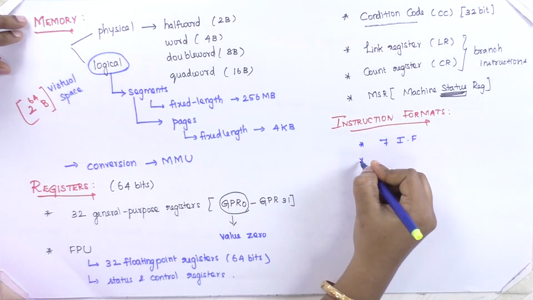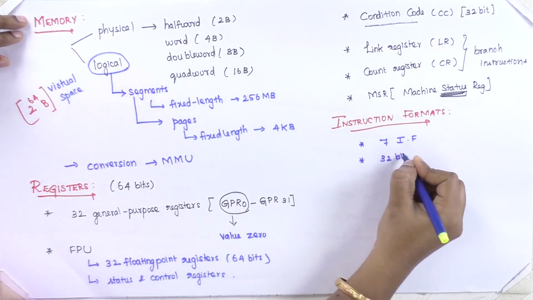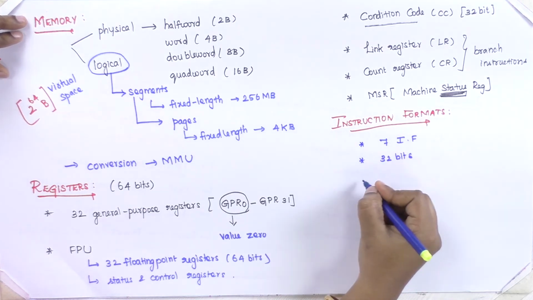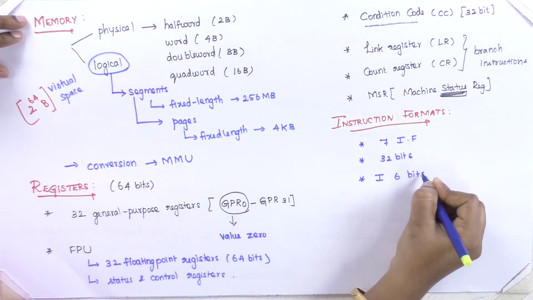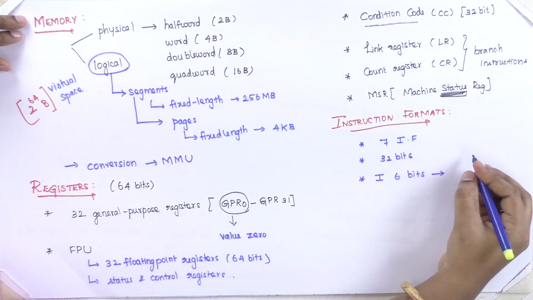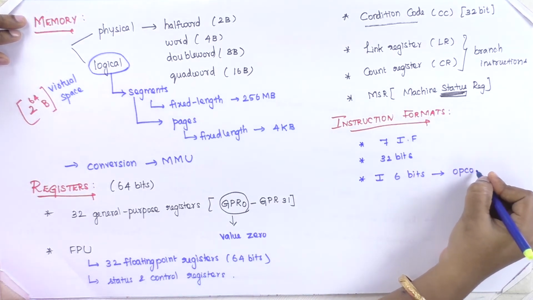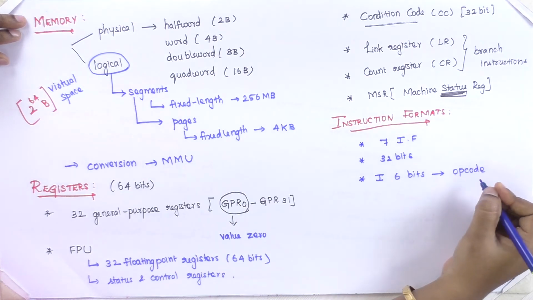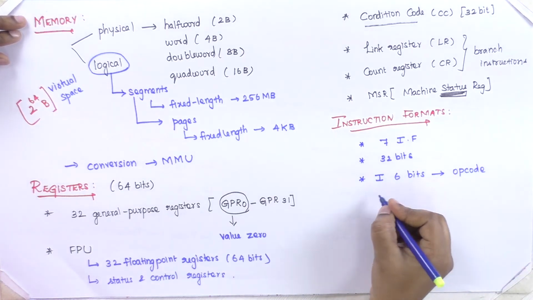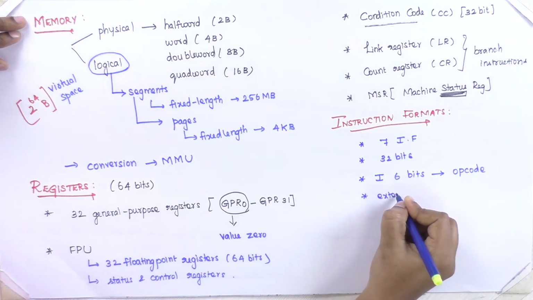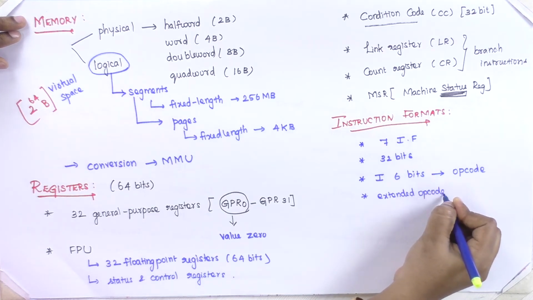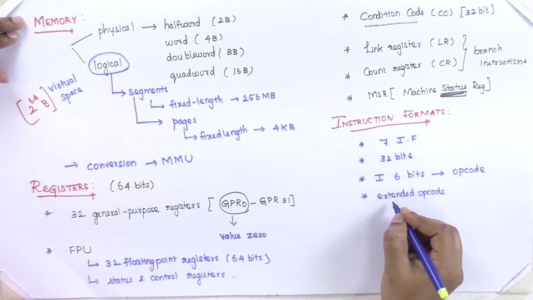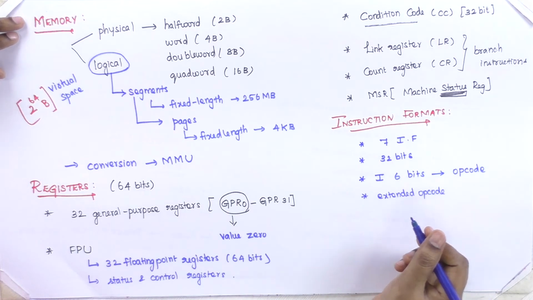All instruction formats are 32 bits long. The first 6 bits identify the opcode, that is the operation. Some instructions also have an additional extended opcode. This is not supported by all instructions, only some instructions will have the extended opcode.